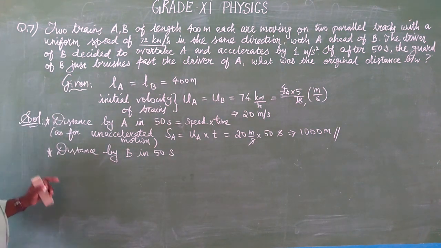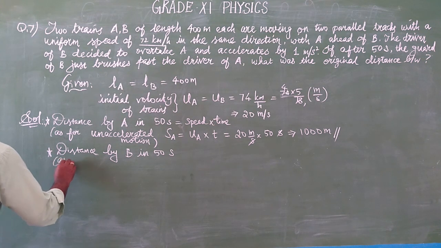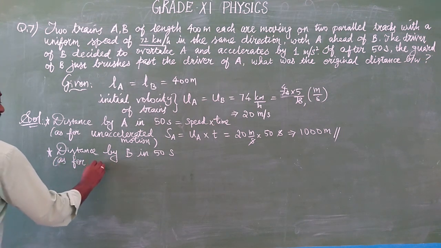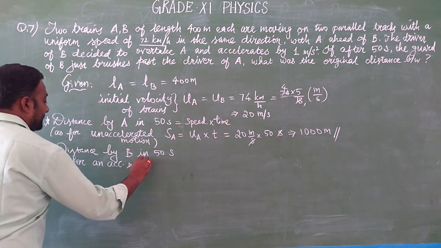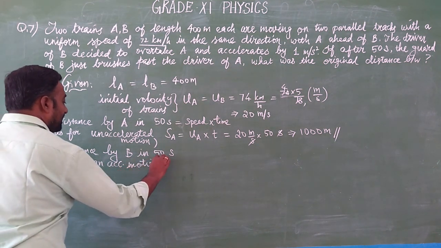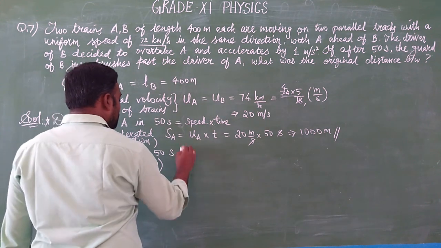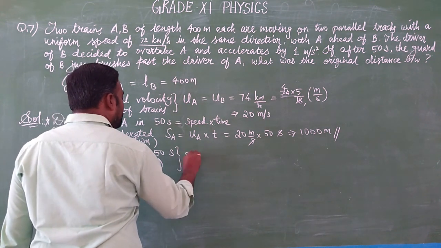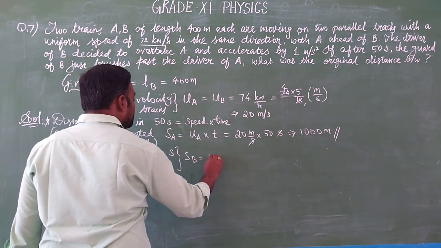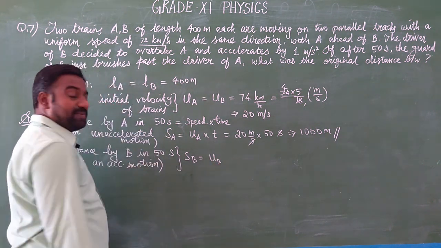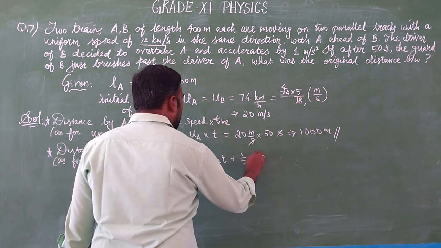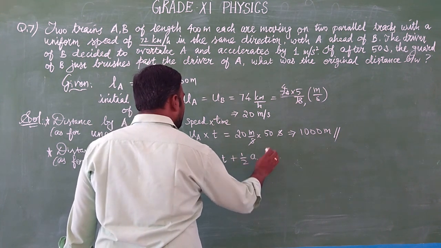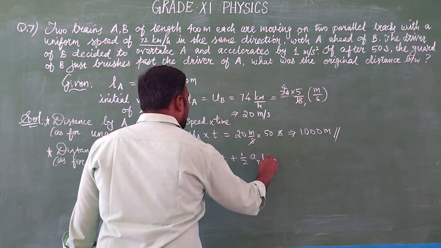So as for an accelerated motion, what would be the distance? The distance by train B, S, is equal to ut plus half at square, no? So ut plus half into acceleration of train B into t square.